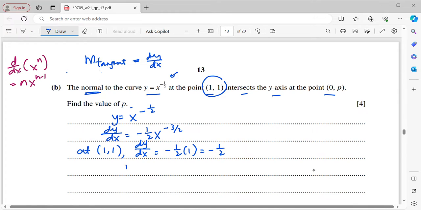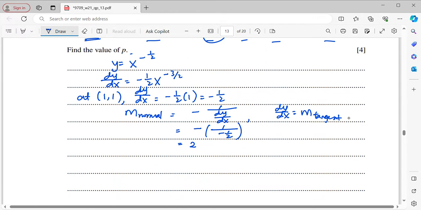Now my gradient of the normal equals negative 1 over dy/dx, because dy/dx is the gradient of the tangent. So you'll be getting negative of 1 over negative half, which is 2.